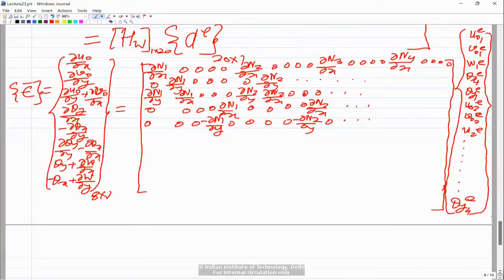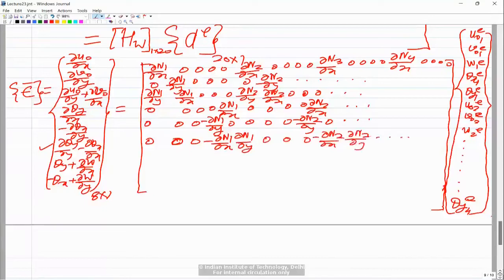And then if you look at this term, del theta y by del y minus del theta x by del x, this involves both theta x and theta y, which are the fourth and fifth variables in the vector of elemental degrees of freedom. So we will have 0, 0, 0, and then, since the derivative of theta x is with respect to x, minus del n1 by del x, and the theta y derivative is with respect to y, del n1 by del y, and then 0, 0, 0, and then minus del n2 by del x and del n2 by del y, and so on.